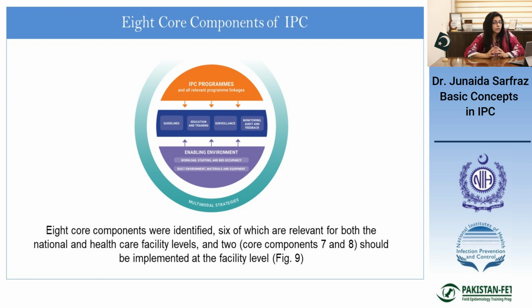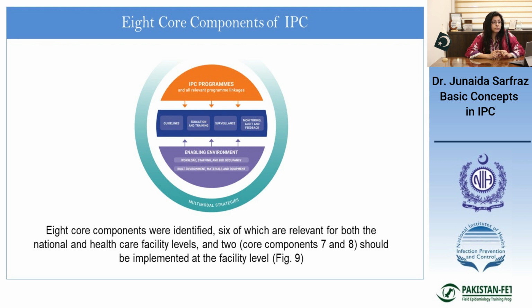The 7th component was about the staffing, about the bed occupancy, and it was all about the enabling environment. The 8th component was about the infrastructure that we should have, the equipment that we should have, and the materials that we should have. So what I'm trying to say here is that among all these 8 components, the 7th and 8th component should be there at all healthcare facility levels, and lower than this is not acceptable.